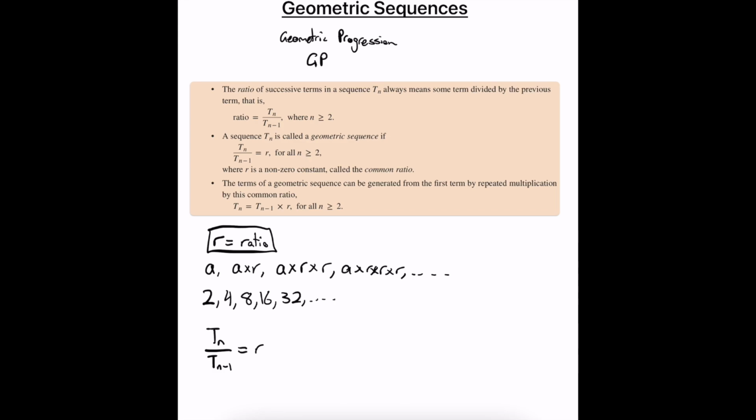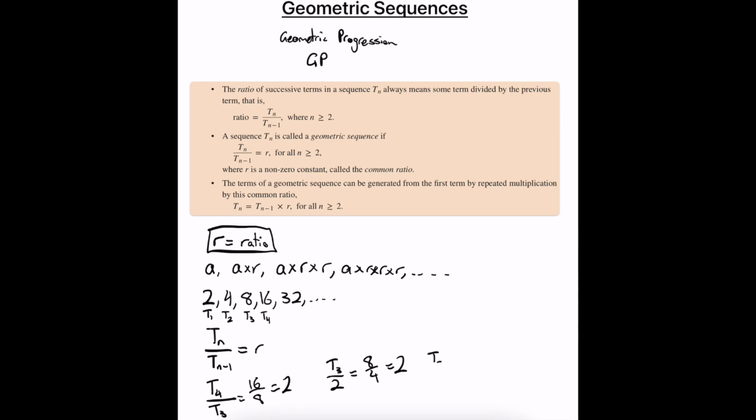So if we take, for instance, we have T1 here, T2, T3, T4. What we see is that T4 over T3 is equal to 16 over 8, which is equal to 2. Alternatively, we see that T3 over T2 is equal to 8 over 4, and that's equal to 2.